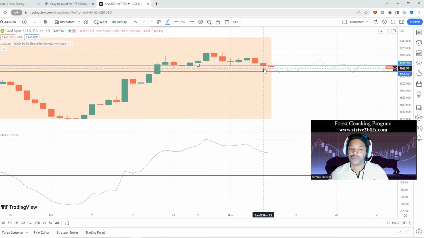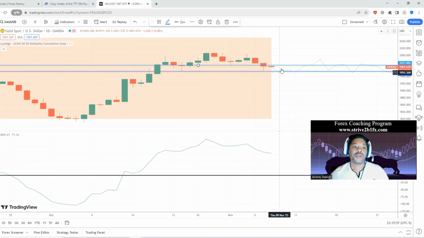Usually when you have a change of character, you do have a pullback. It's kind of hard to see if there's a pullback on the daily chart right here. But if there is a pullback, it could probably be like 1975, 1980 at the most, and then it's going to fall.